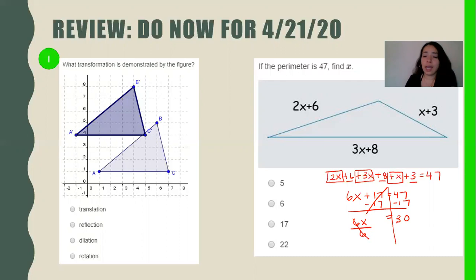Whatever I do to one side, I have to do to the other side. And I know that x is equal to 30 divided by 6 is 5. So I look at my answers and then I make sure to find the correct answer. Sometimes the answers will be shuffled, so you have to make sure that when you get an answer that you find the correct one.